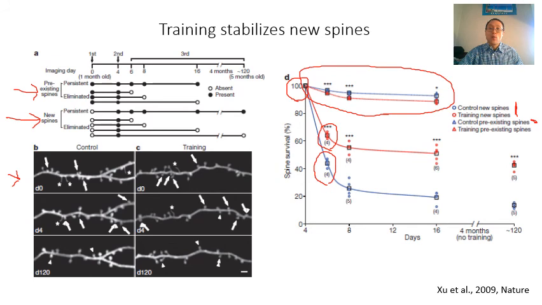And you can see that when it comes to the motor learning conditions compared to the control conditions, the spines that survive with continuous training stay much better compared to the new spines that just grew out in the control conditions. What this means is that repetitive motor training really stabilizes all of these new dendritic spines that form a long and enduring lasting motor memory.